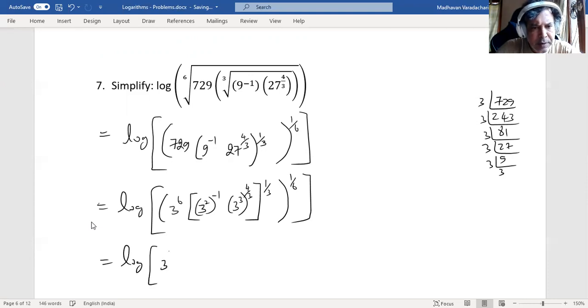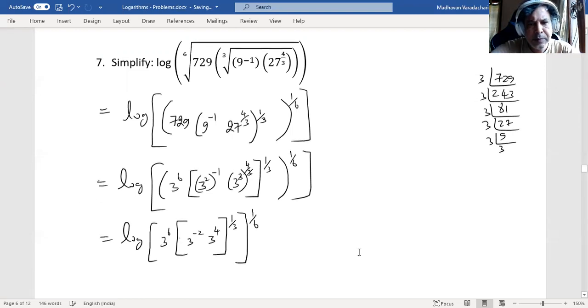Now 3 power 6. And then this I can write as 3 power minus 2, and this 3 gets cancelled with this. This is 3 power 4. This is to the power of 1 by 3. And then this whole thing to the power of 1 by 6.